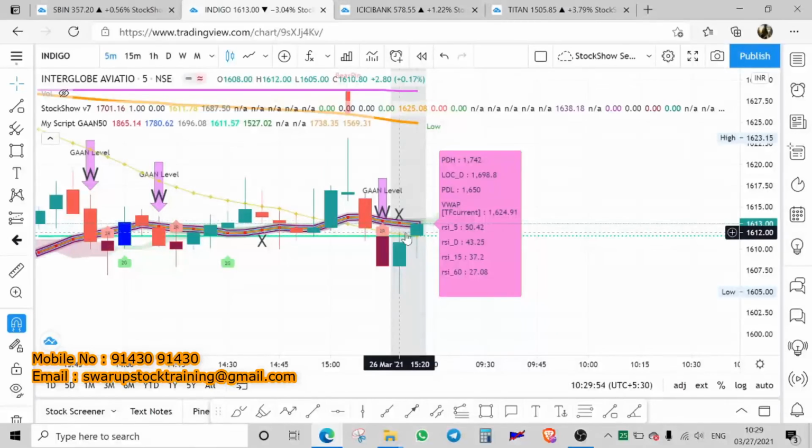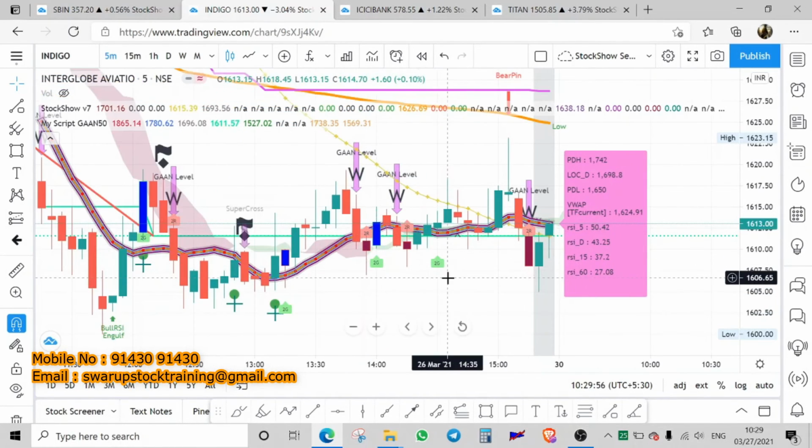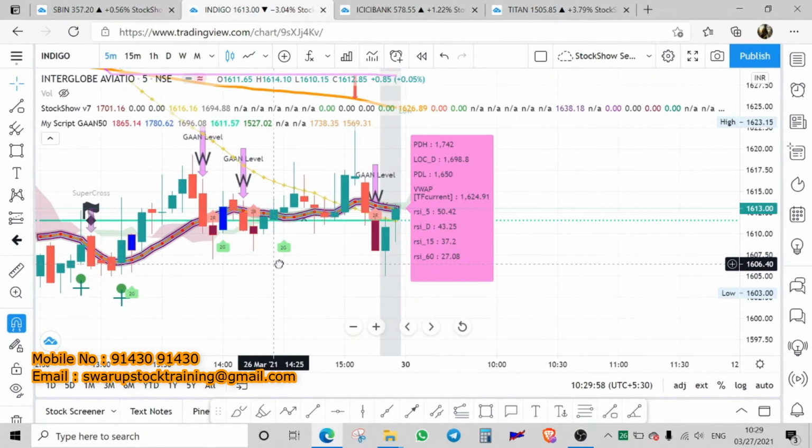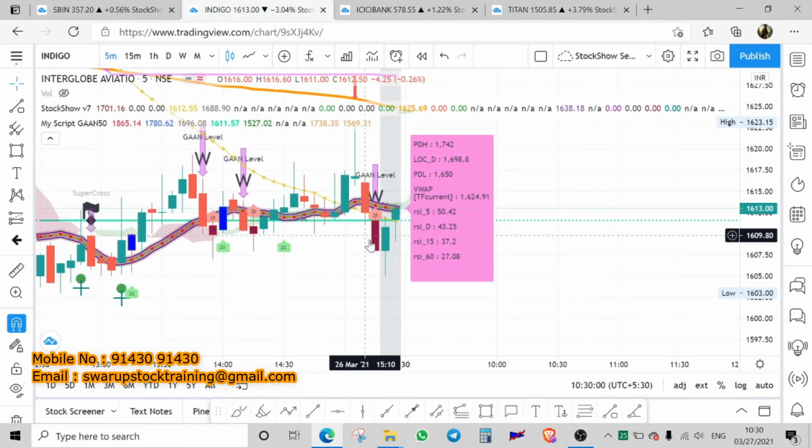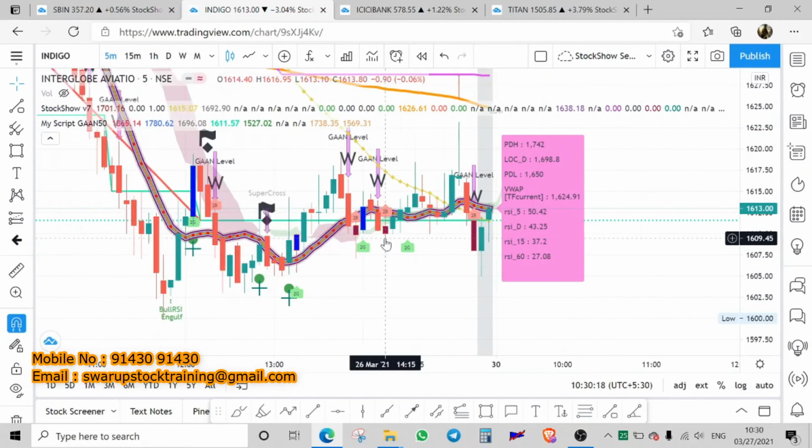Okay, so at a 5-minute chart, you will be taking a sell entry, and where it is short. So therefore you can short it at 1607 for a target of what? From 1607 you are looking at 1569. Okay, this is where the target is coming. So this is how it should be traded.